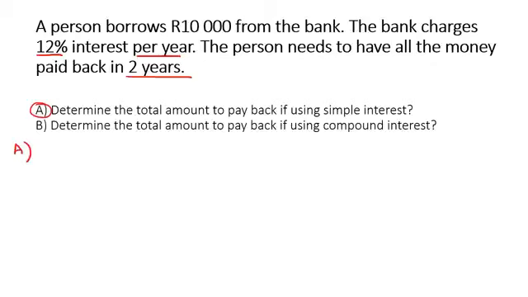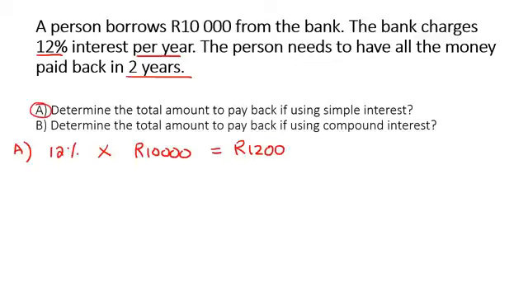Okay, so simple interest is very easy. All you're going to do is work out what is 12% of the starting number, which is 10,000. Now remember, of means times. And if you had to go work that out, you end up with 1,200 Rand. But now that is going to be 1,200 Rand per year.